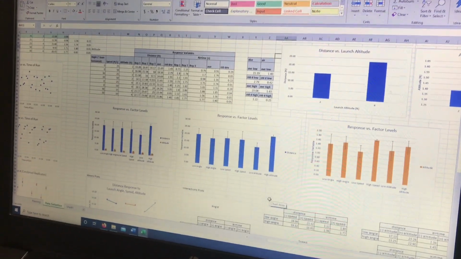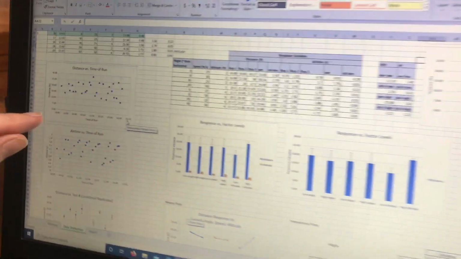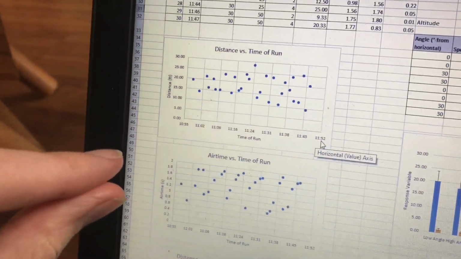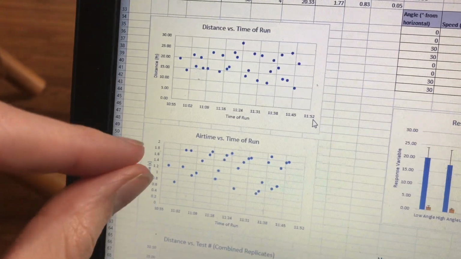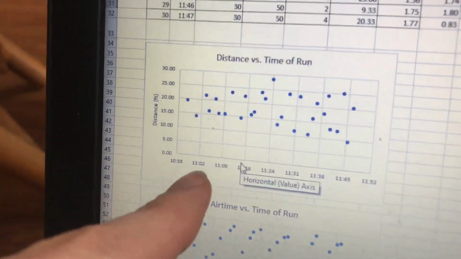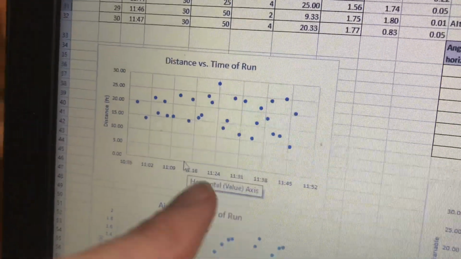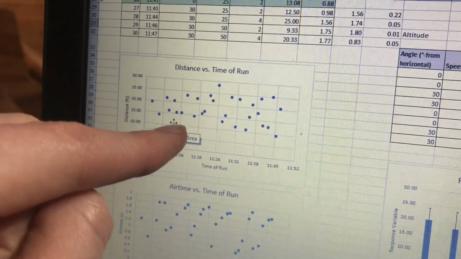All right, so then I went over here and I wanted to see how my data spread out and how well in control of the process I was during the testing. I took the time of every single test and I plotted it, and as you can see, it doesn't look like there's very much of a pattern.